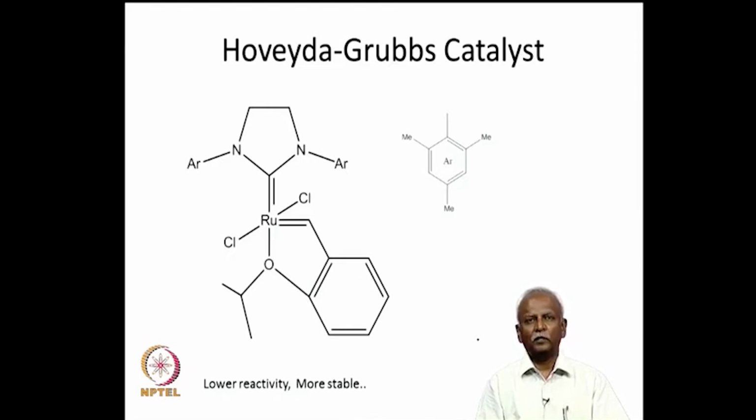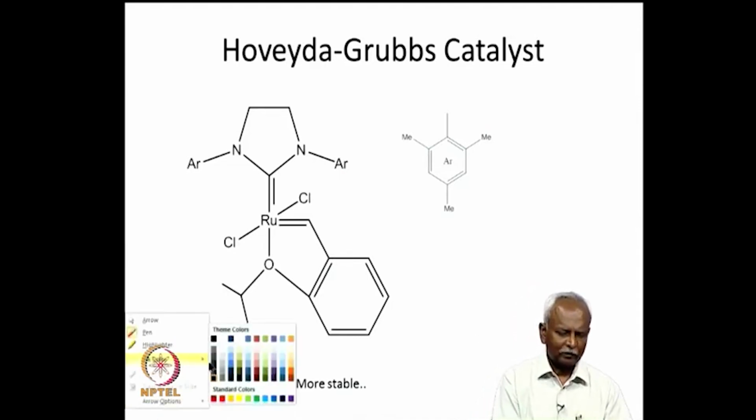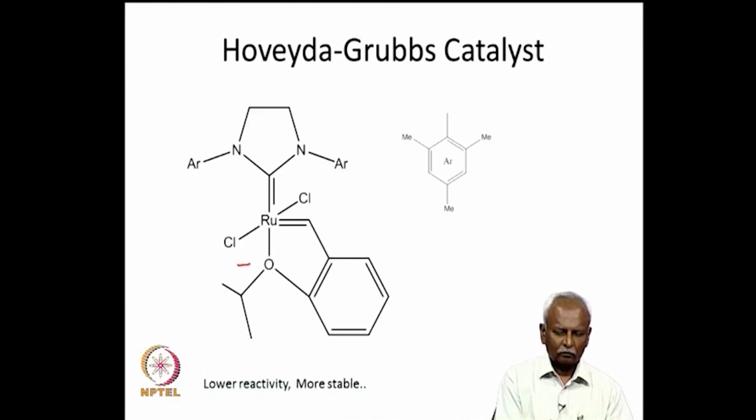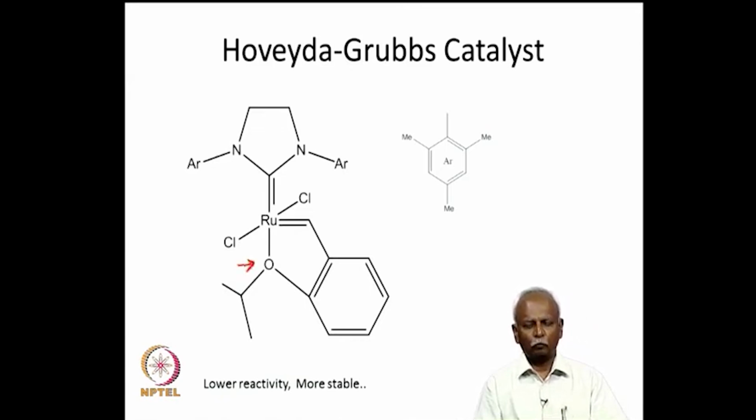And this time mention should be made of the Hoveyda-Grubbs catalyst. This was a combination of the Grubbs catalyst system. Basically, you had an N-heterocyclic carbene, which was the saturated variety, and you also had a carbene, which was the essential reactive component of the metathesis catalyst, but the PCy3 was replaced with a pendant group on the alkylidene, such that it coordinated to the ruthenium and blocked that site.